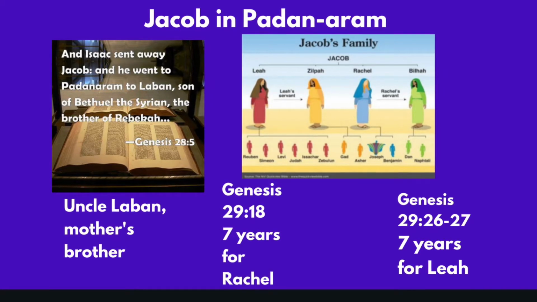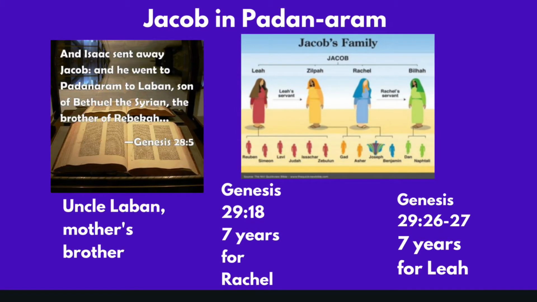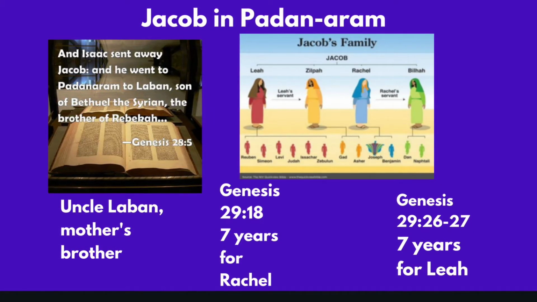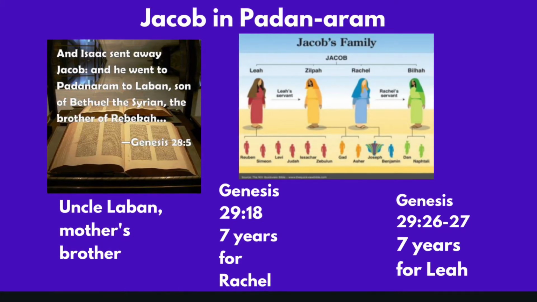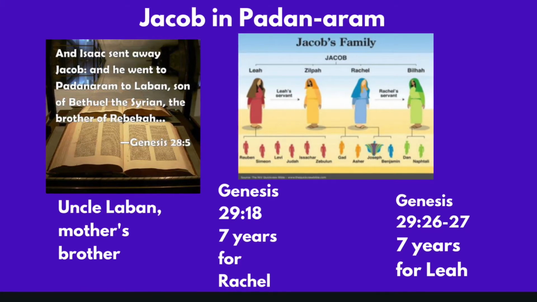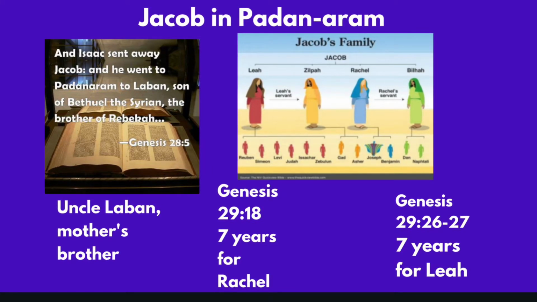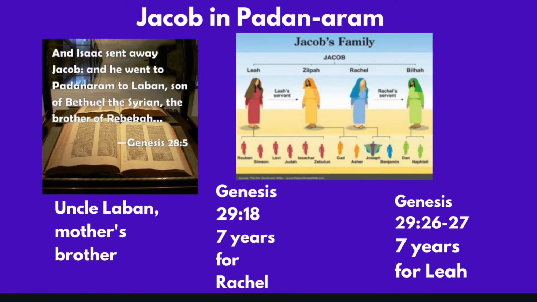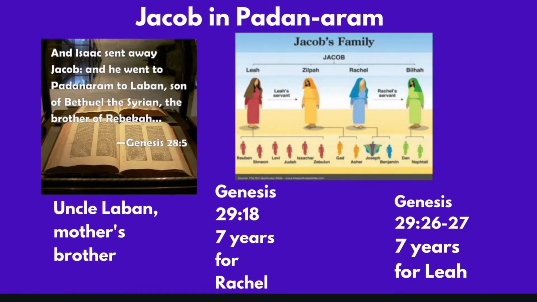Here, Jacob worked 7 years for his uncle to gain the hand of Laban's daughter, Rachel, in marriage. However, Laban required that Jacob first marry Leah, leading Jacob to another 7 years in service to marry Rachel.